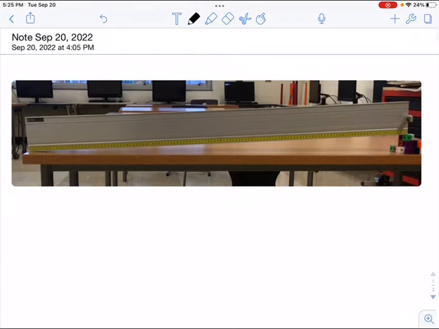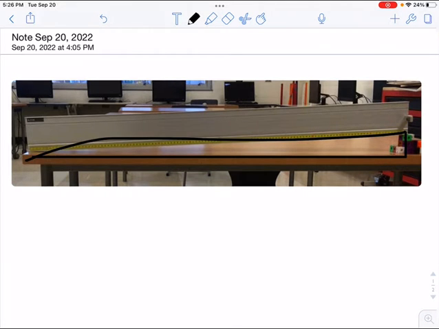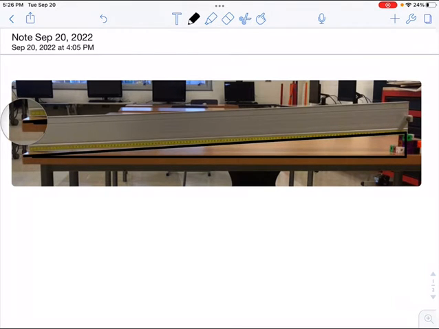So we've got our ramp here, and we've got a flat section, and there's a vertical distance here. So we have pretty much a triangular shape. Don't worry about the drawing being perfect.